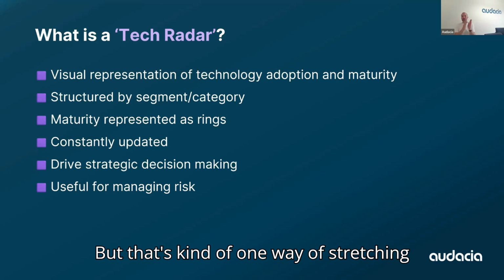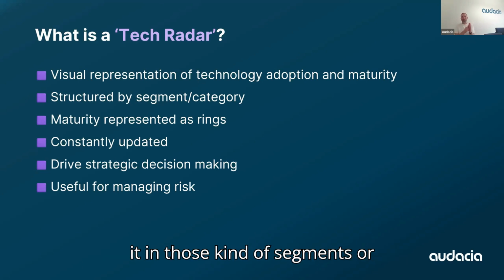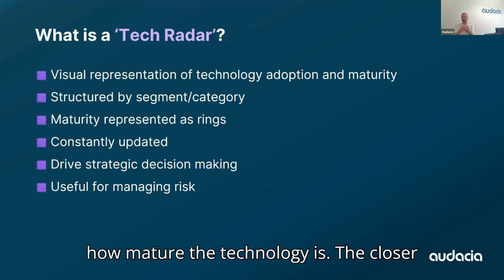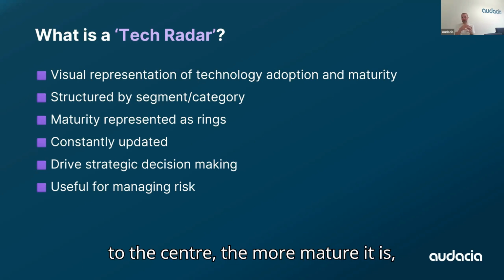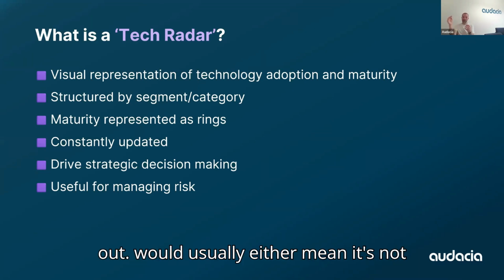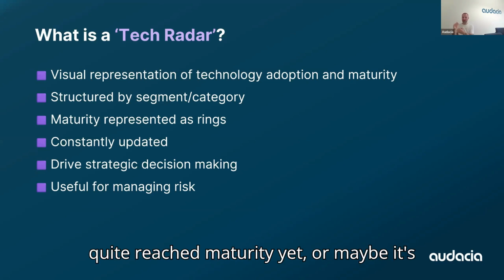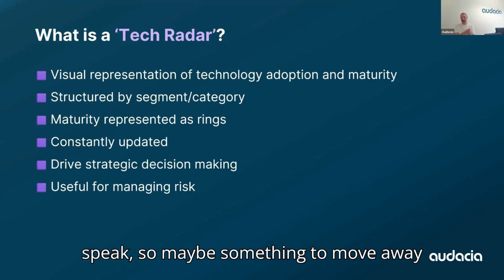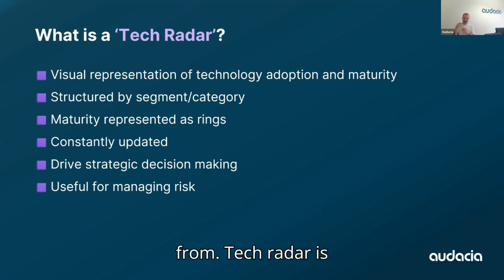The other way is using rings. That's a way of representing how mature the technology is. The closer to the center, the more mature it is, and the further out would usually mean it's either not quite reached maturity yet, or maybe it's a little bit over the hill, so to speak. So maybe something to move away from.